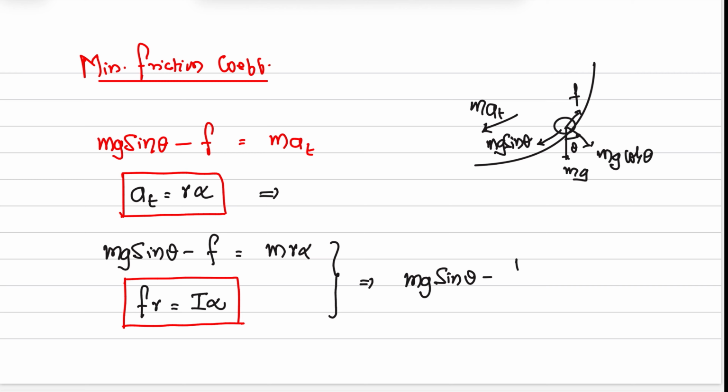F is I alpha by R is equal to m into R alpha. What is R alpha? At.